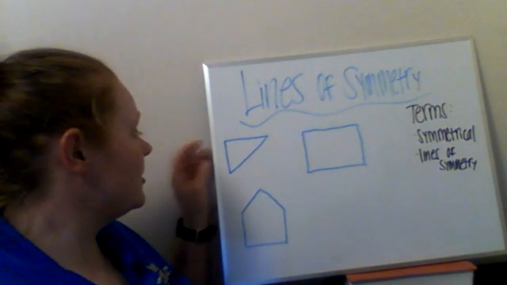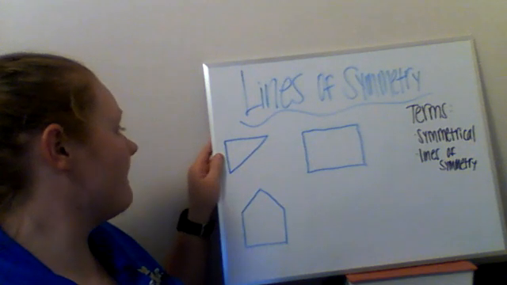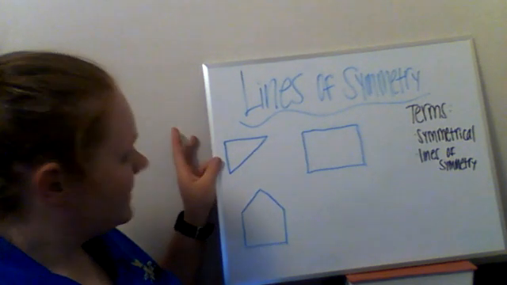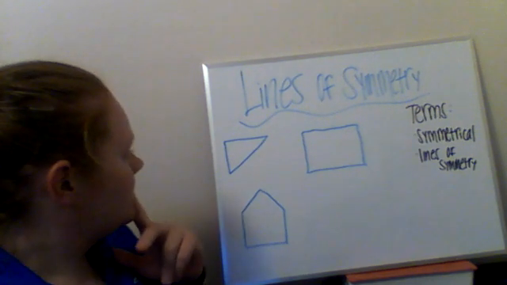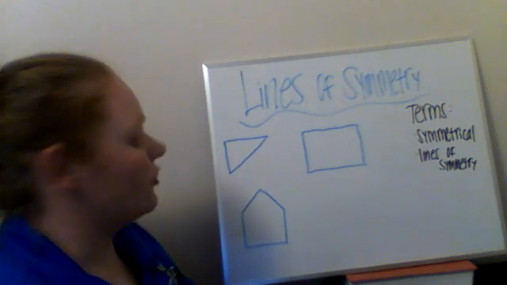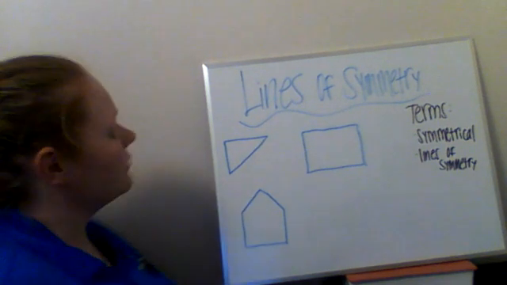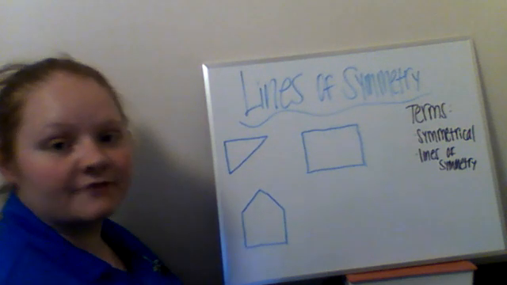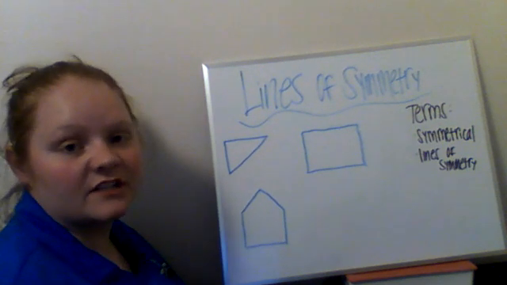So if we look at this first shape that I have, like a triangle, you can probably guess if this shape is symmetrical or not, okay? But we're going to try to figure out a different way if we can determine if it's symmetrical or not.